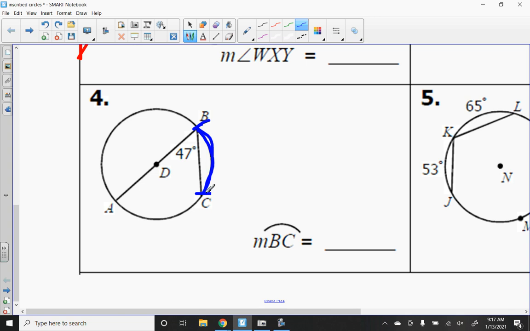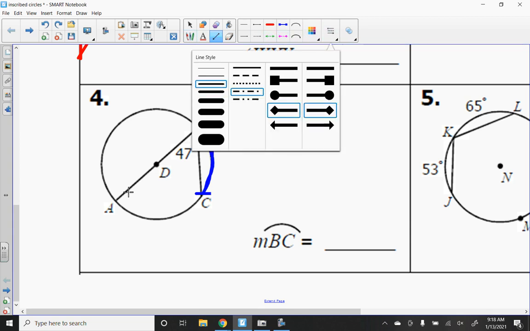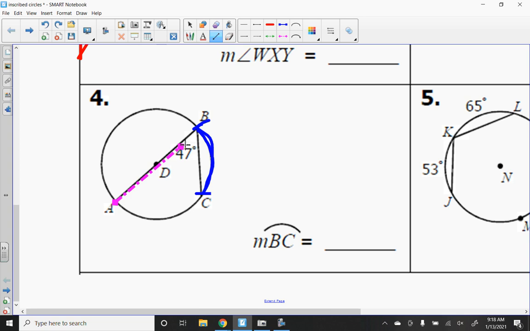This arc isn't even associated with any angle. So how do we find this when you're given a problem like this? Well, always pay attention to your diameters, because that creates half circles. So arc ACB is 180. That's a half circle.